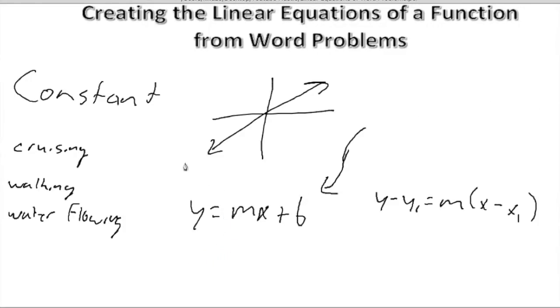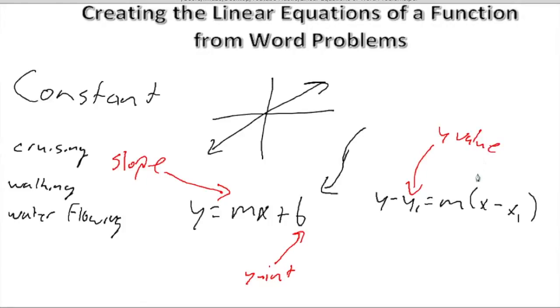Just to recap, what does this represent? M will represent your slope, and b will represent your y-intercept in this equation. And for this one, y1 is the y value of a point on the line. m is still your slope.